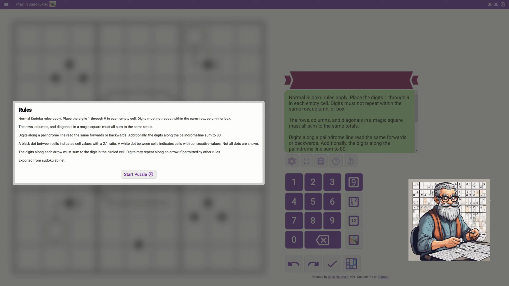A black dot between cells indicates cell values with a 2:1 ratio. A white dot between cells indicates cells with consecutive values. Not all dots are shown. The digits along each arrow must sum to the digit in the circled cell. Digits may repeat along an arrow if permitted by other rules. Exported from sudokulab.net.